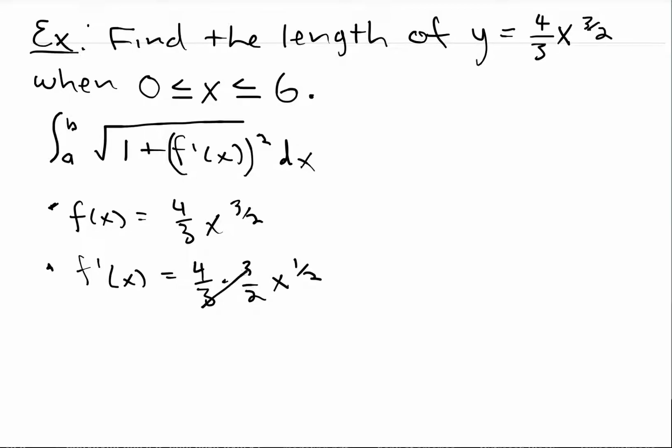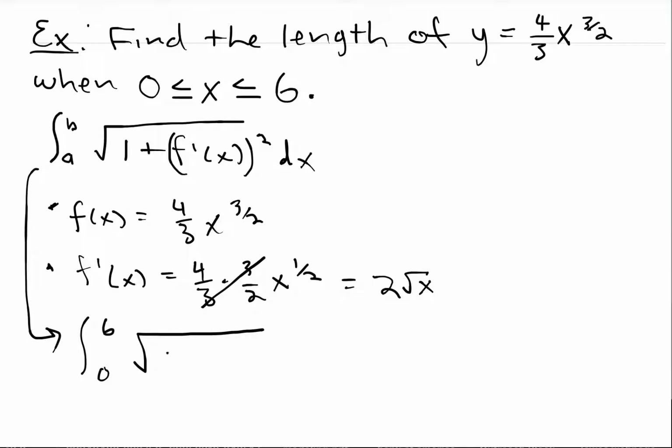I will also clean some stuff up so that I have a little bit nicer of a derivative to plug in. If I use the appropriate interval and if I substitute stuff in, well, this will be 2 root x that I am squaring here for my example.